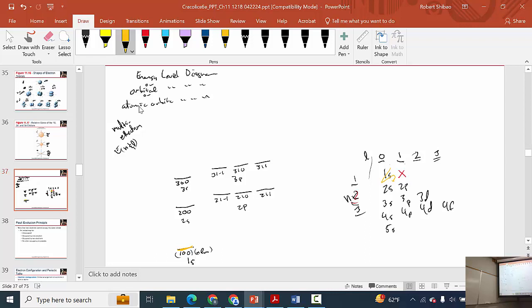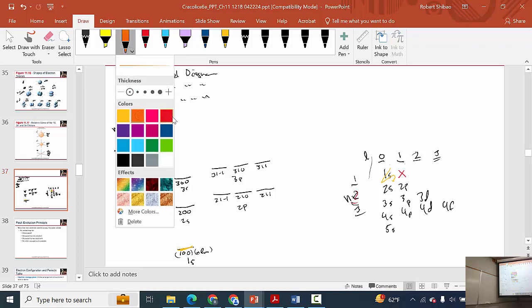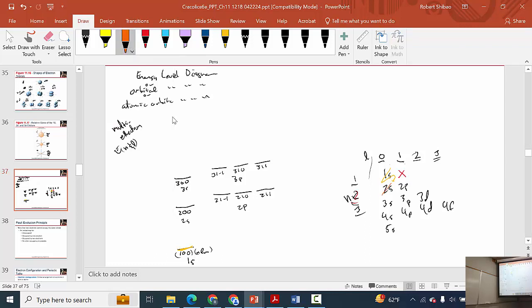So the first shell only contains one S. The next shell starts with 2S, and it's going to end at 3S here. So 2S and 2P will be the next. So my 2S and my 3 2Ps. The 3 2Ps are the same energy. They're just oriented 90 degrees relative to one another.